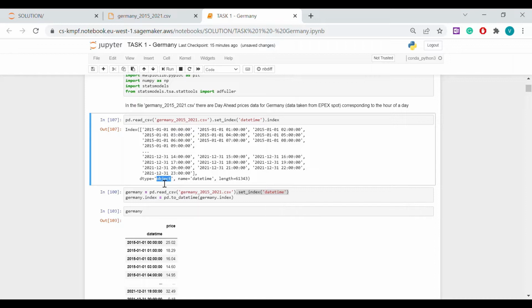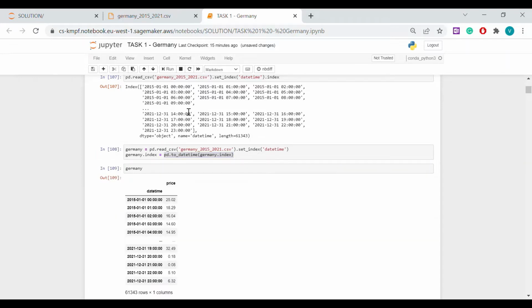We would like to operate with our index as with a timestamp, with a datetime type. So here we set the data type of our index to the datetime type.